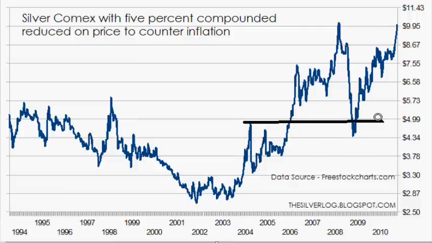So by buying at this top here and holding, you have doubled your money based on 5% purchasing power lost every year, which is quite amazing. Silver has a long way to go to the upside because of the heavy manipulation that was done between the 1980s and the 1990s.